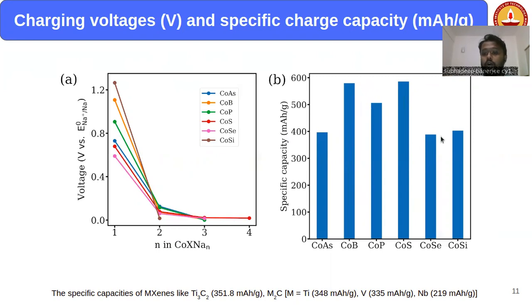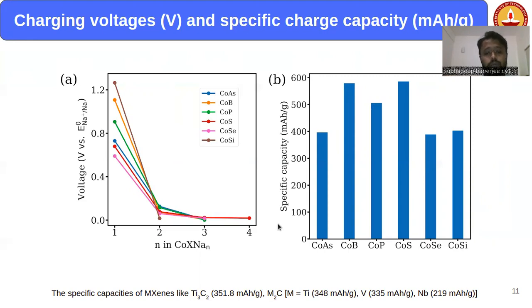All other anti-MXenes are close to 400 or a higher specific charge capacity value, and these specific charge capacity values are actually superior to some titanium, vanadium, niobium based MXene materials.